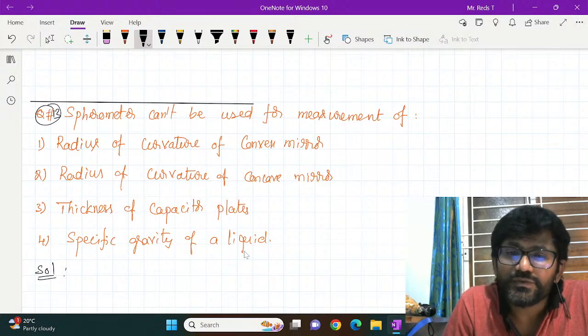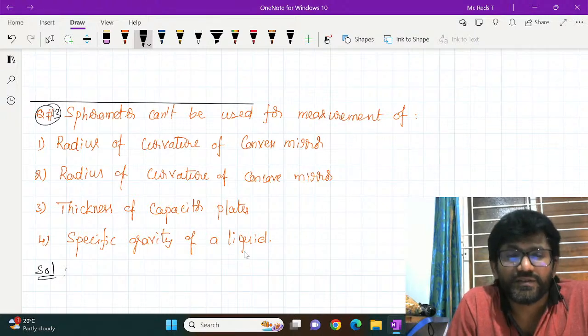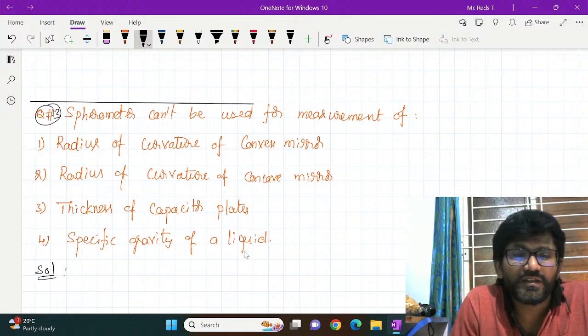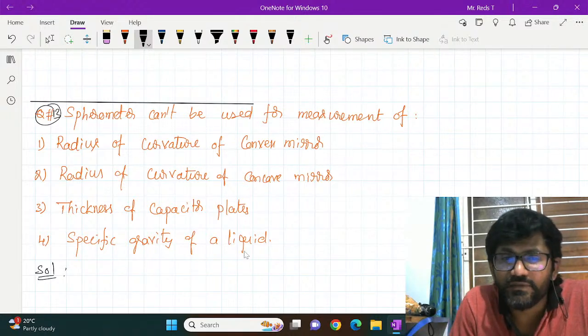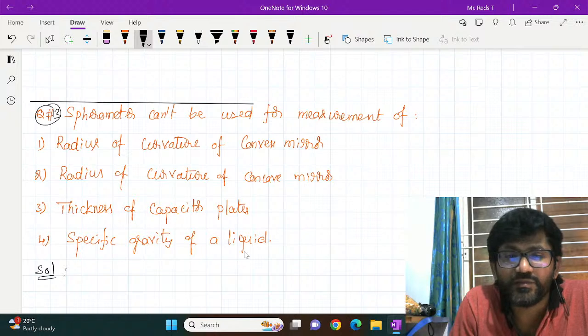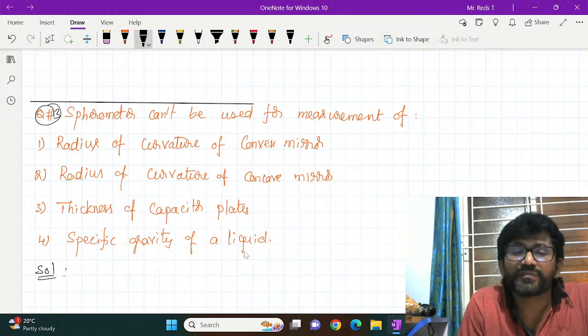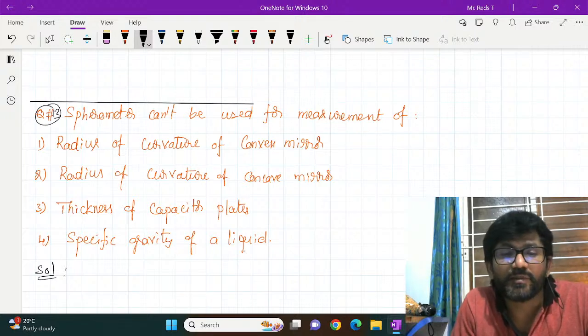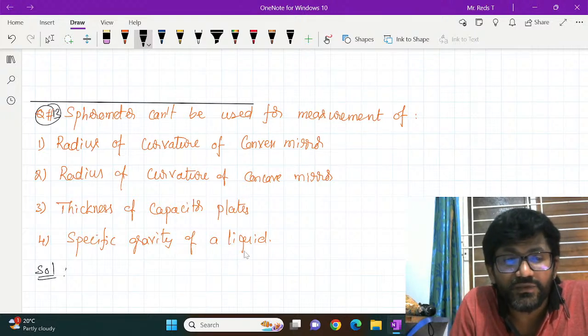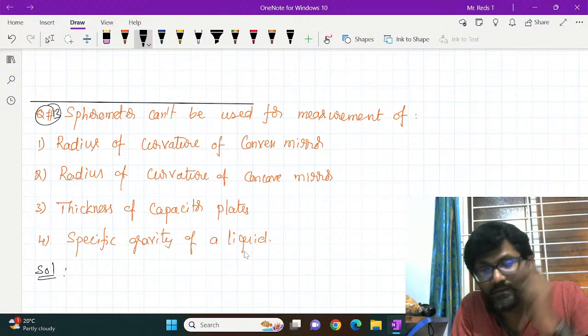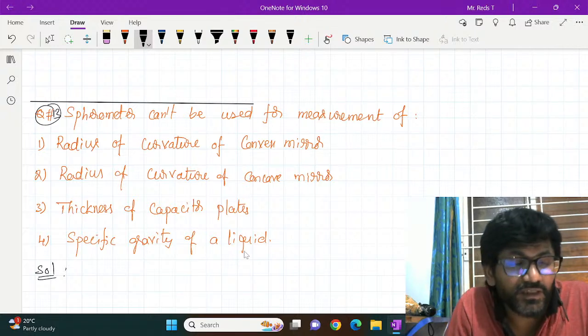Spherometer is used to measure some kind of thickness, especially while using convex and concave mirrors. Radius of curvature can of course be measured using a spherometer. You may have a lab experiment based on this, and it is also used to measure the thickness of plane slabs.